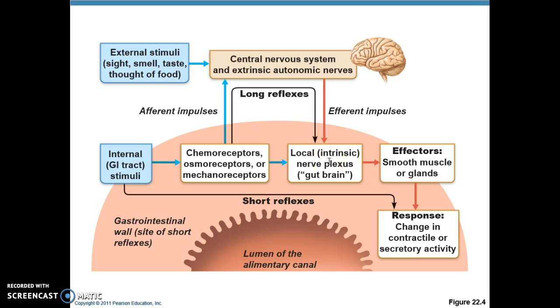You don't need to know any specific long reflexes. And then you should also just know that your sympathetic nervous system and parasympathetic nervous system also affect GI tract activity, with sympathetic nervous system decreasing your GI tract activity and parasympathetic increasing the GI tract activity.